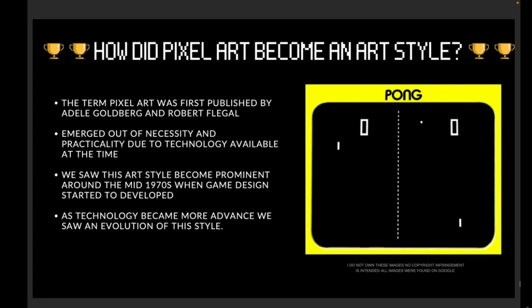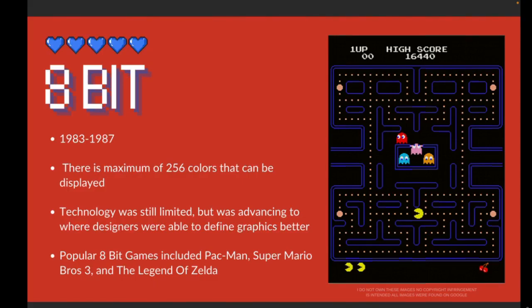So if we're thinking in context of how things became art styles, we have to really open our minds to think at this time, this technology that they're using and the games that they're creating is pretty revolutionary. But as technology became more advanced, we saw an evolution of this style.